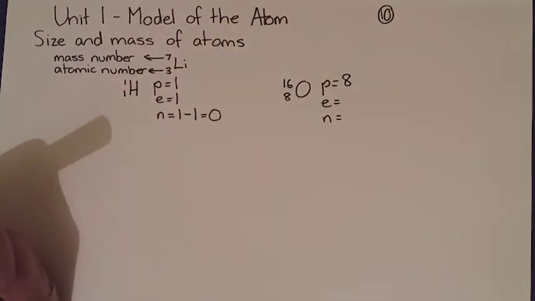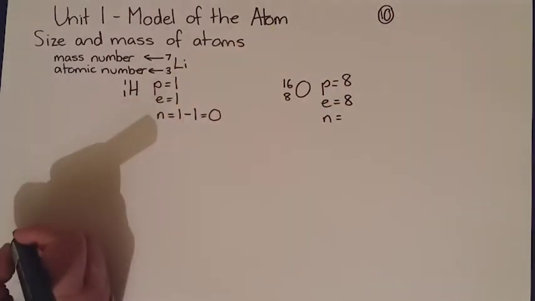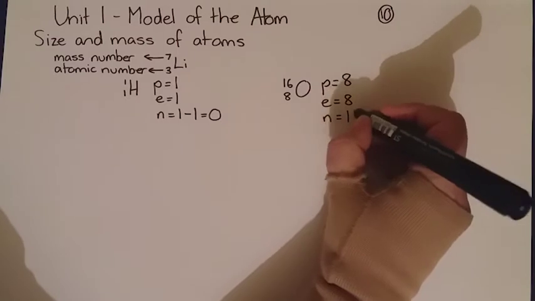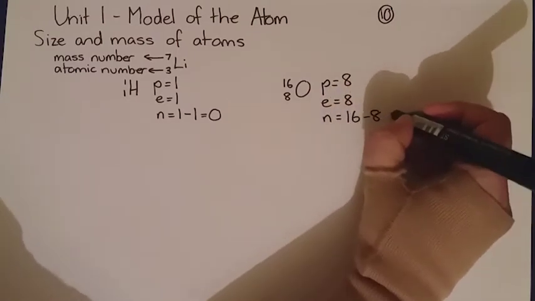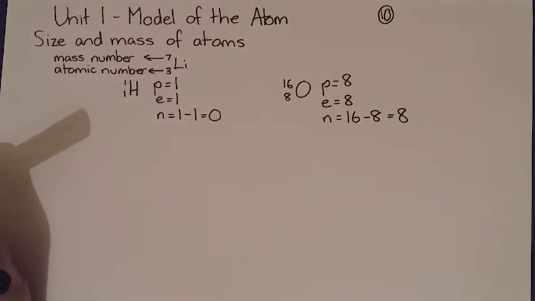Because protons equal electrons in an atom, it has 8 electrons. And in this case, the mass number, take away the atomic number, also gives us 8. In the exam, a lot of students who forget what they're doing will just guess what the number of neutrons are, or they will write the top number. The trick is just to try and stay calm and remember the rules.